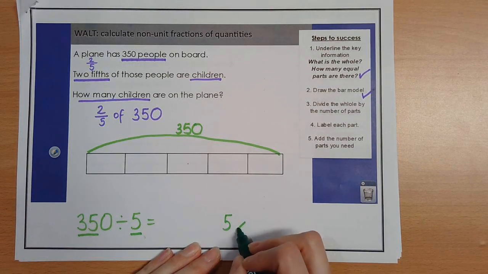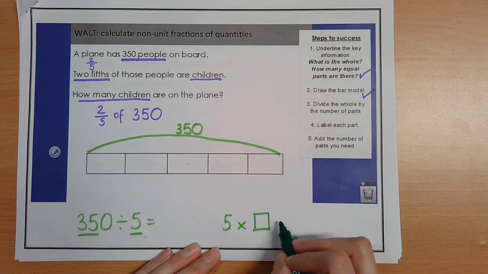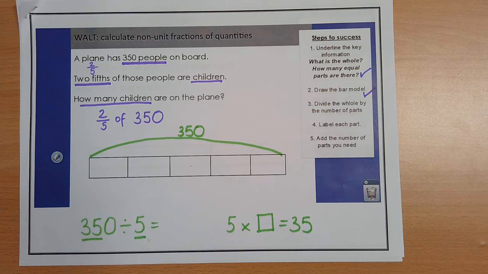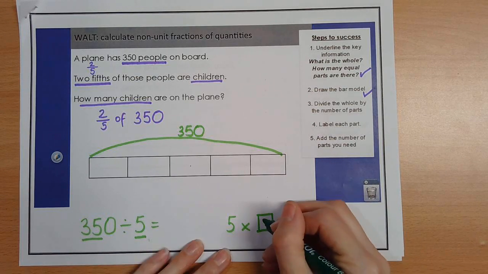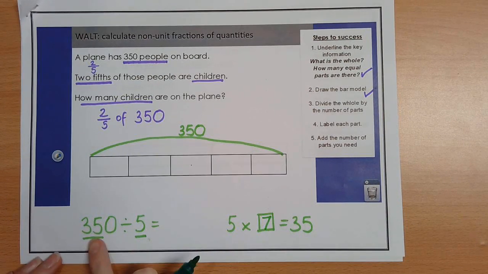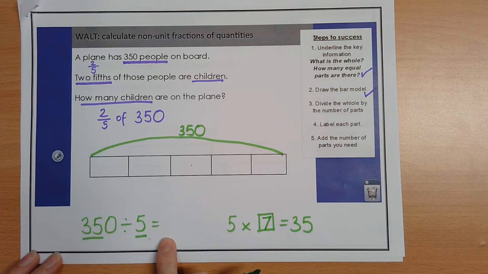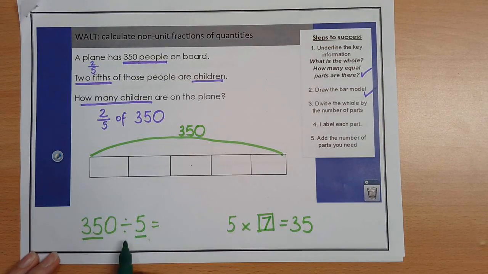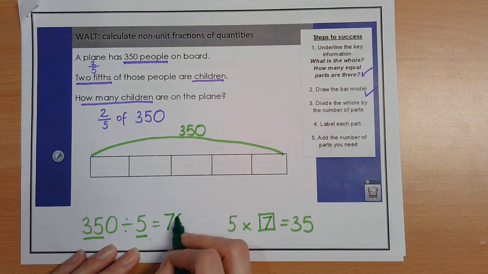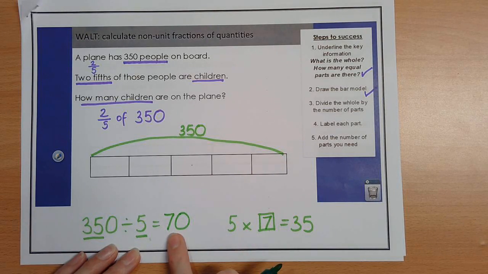So 5 times something is equal to 35. What's the answer? 5 times... Hopefully you're saying 7 is 35. 7 times 5 is 35. So 35 divided by 5 is also 7, but I need to remember this number is 10 times bigger. So 350 divided by 5 is going to be 70, okay?